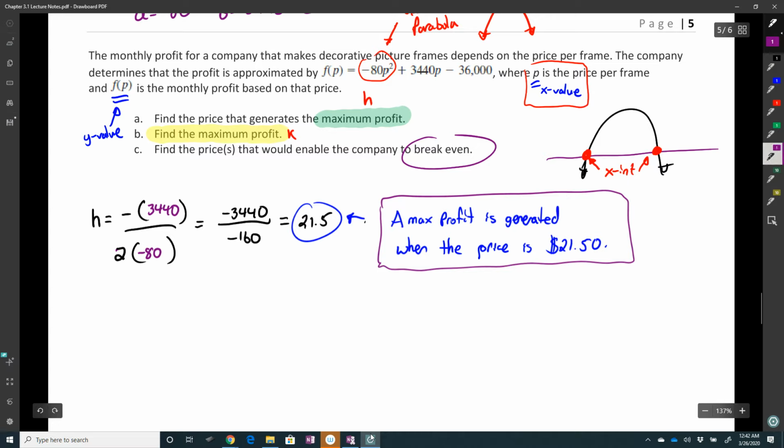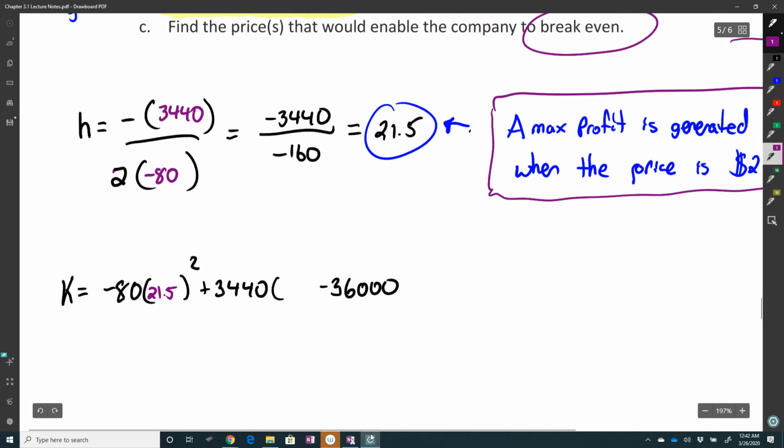So for part B, I have k is equal to, and I have the equation, negative 80 p squared plus 3,440 p minus 36,000. And the number I'm plugging in is 21.5. All right.